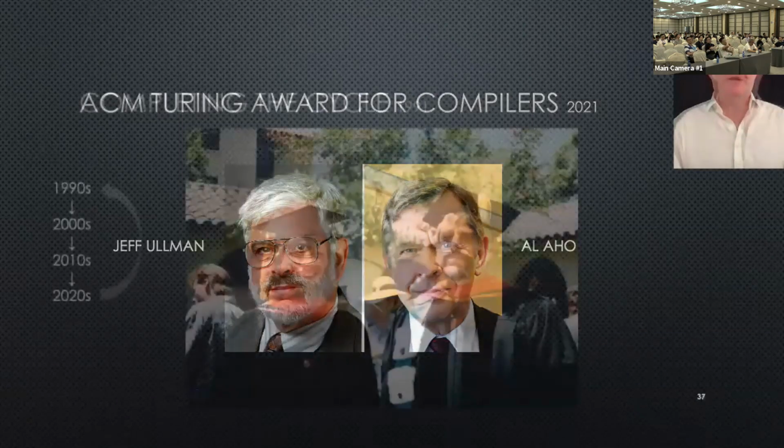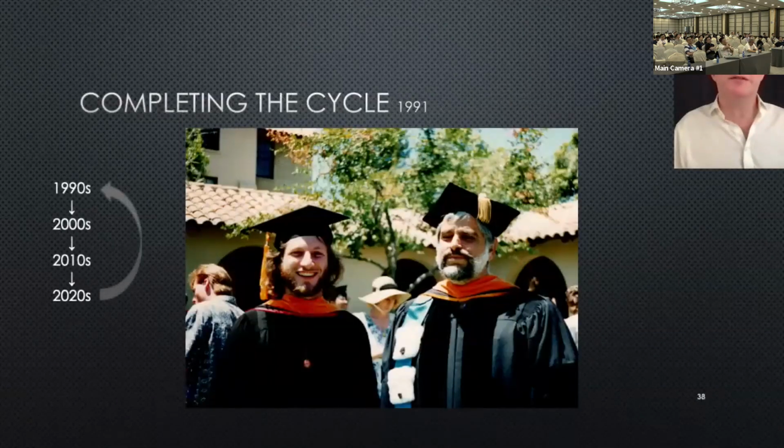The first reason this photograph is important is because it proves that long ago I did actually have quite a lot of hair. The second reason this is important is that Jeff Ullman was my PhD advisor and was also a very prominent member of the database community himself.